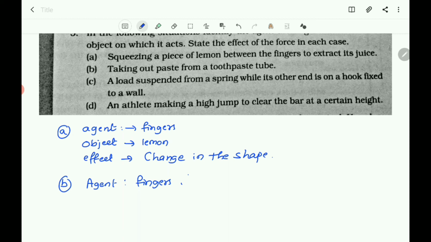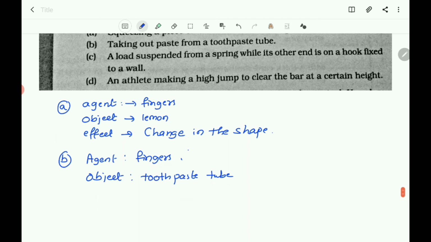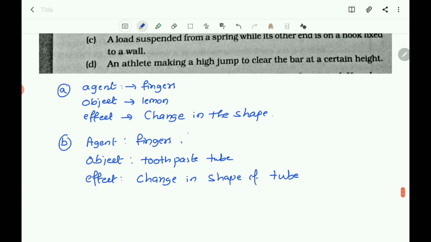Next, object, you know that toothpaste tube. Object, toothpaste tube. And next, you know that effect is the change in the shape here. What is the effect? Change in shape of tube, which causes the coming out of paste.